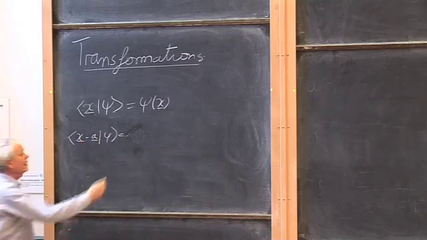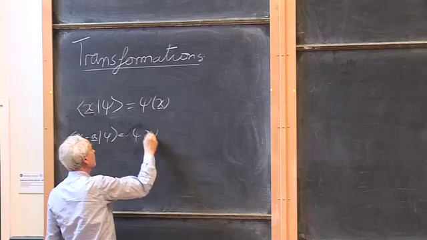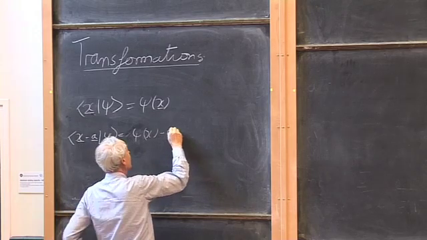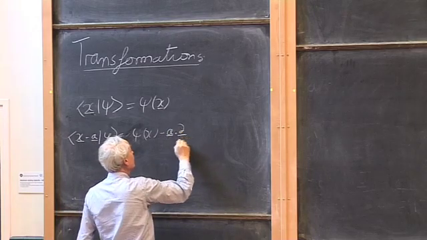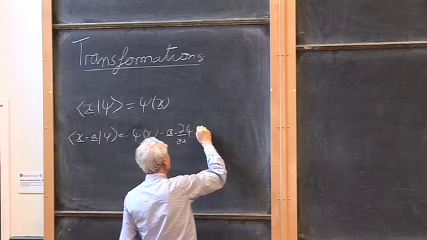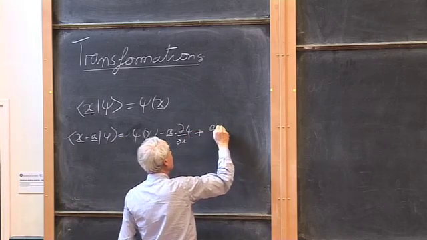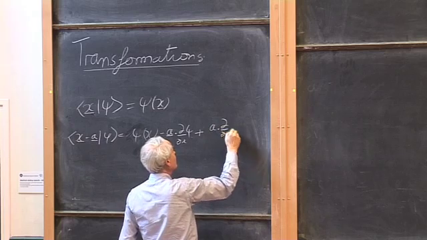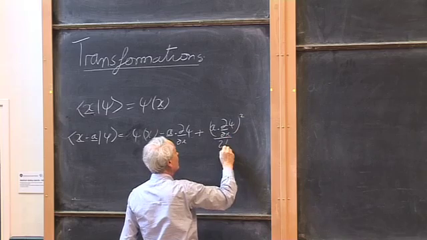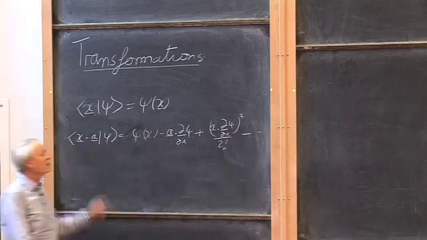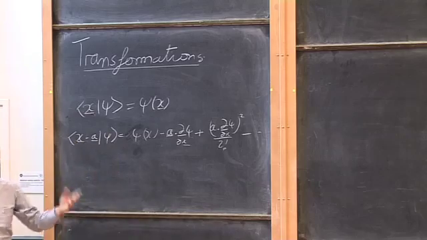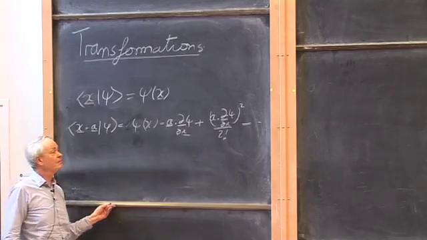So this is going to be psi of x minus a dot d by dx of psi plus a dot d by dx of psi squared over 2 factorial minus blah, blah, blah. This is just the Taylor series expansion in 3 variables. It's covered in some prelims course, right?